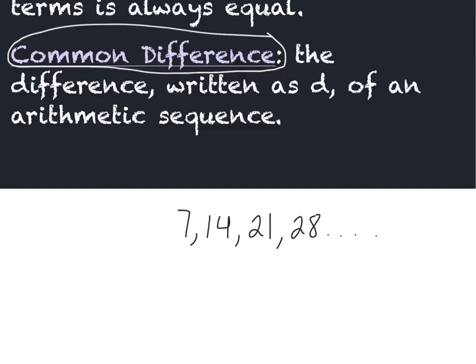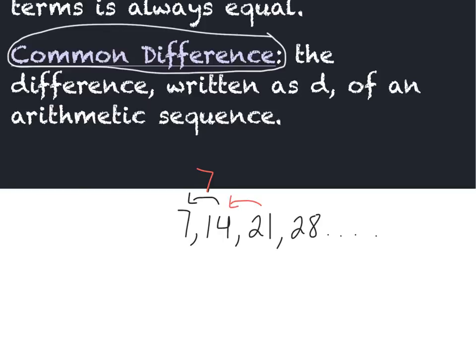Now if you notice what's going on between terms, well, common difference, so that means difference is going to be common, and difference means subtraction. So the difference between the two terms, well, between 14 and 7, what's the difference? 7. 14 minus 7 is 7.